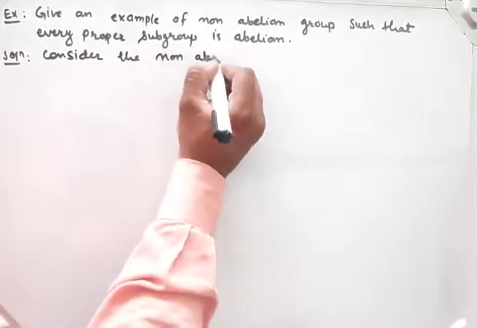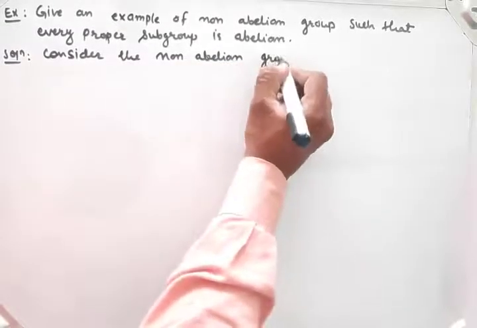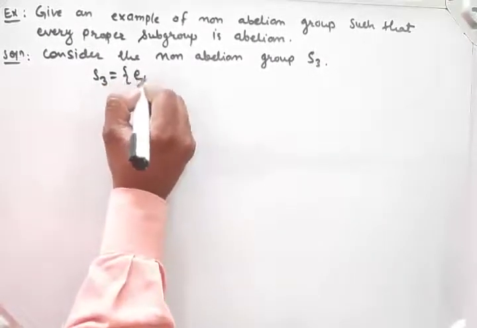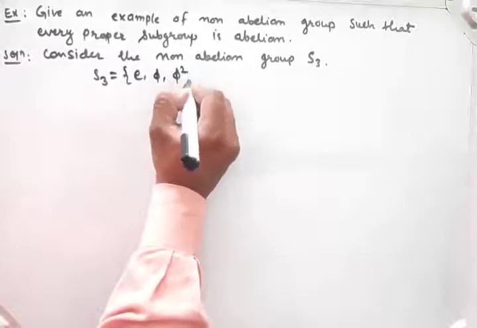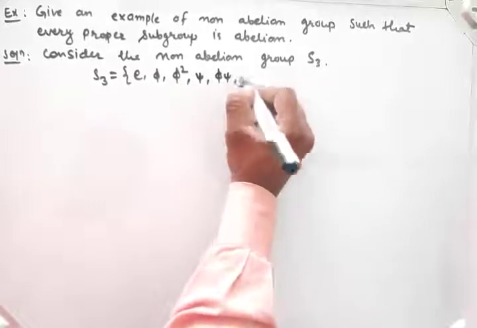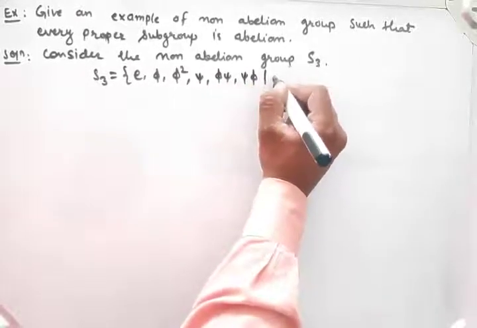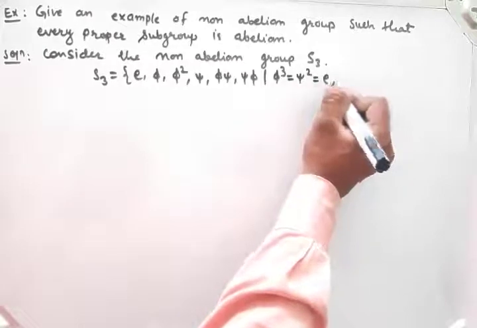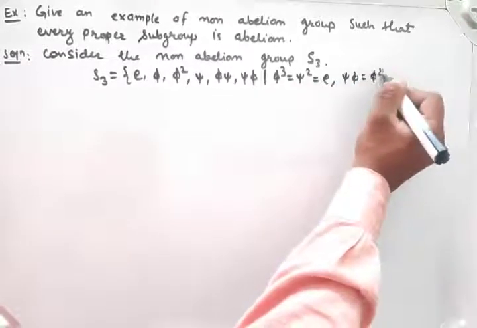So I will take the smallest non-abelian group, which is S3. So S3 has elements: identity, phi, phi square, psi, phi psi, psi phi, such that phi cube is equal to psi square is equal to identity, and psi phi is equal to phi square psi.